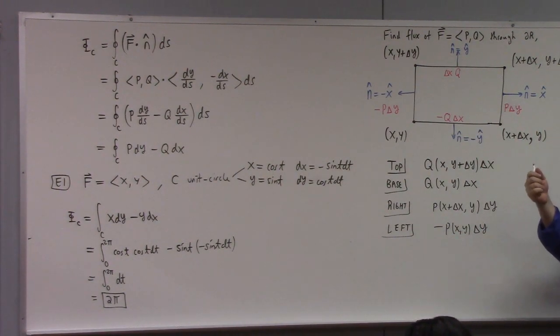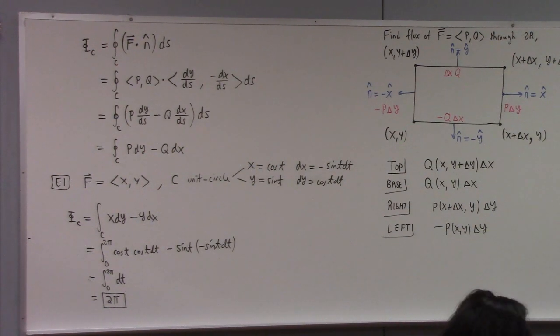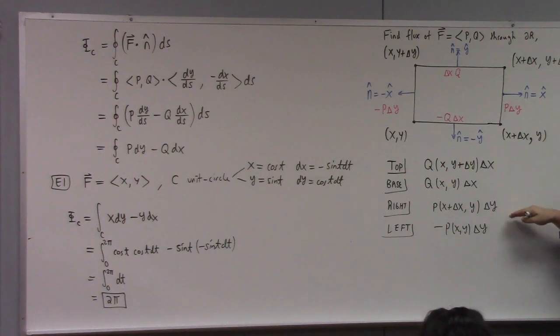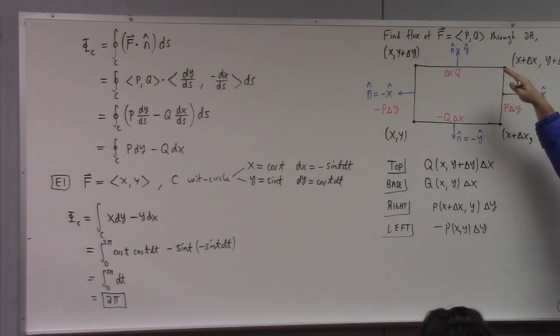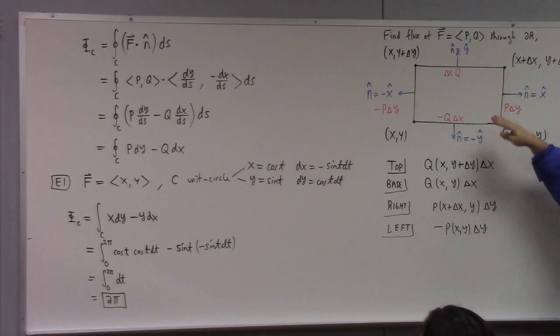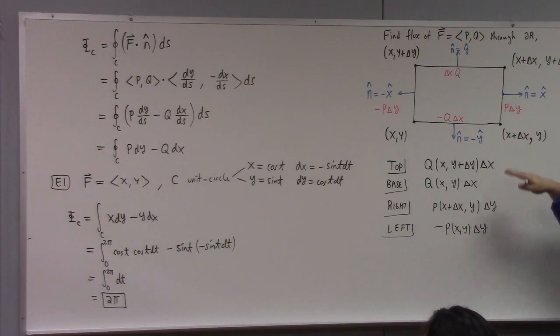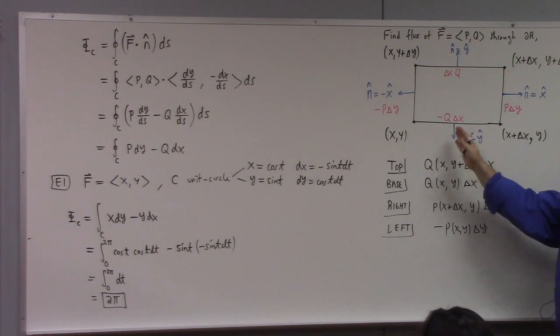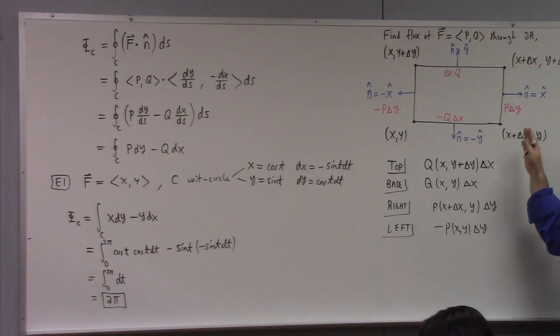But anyway, this is just an approximation for the flux, because if F is variable, the magnitude varies as you go across these line segments for finite deltas.